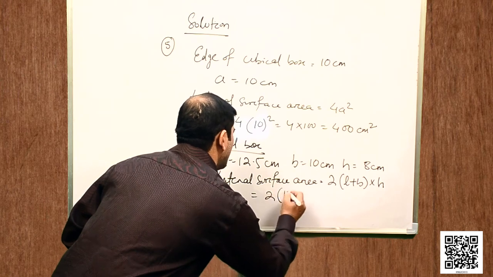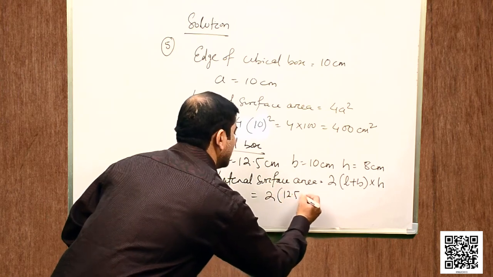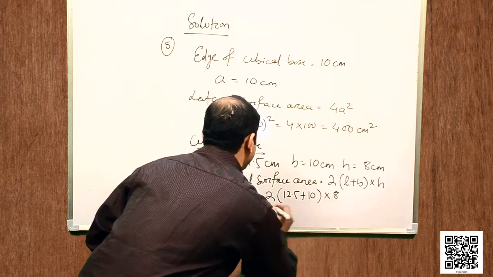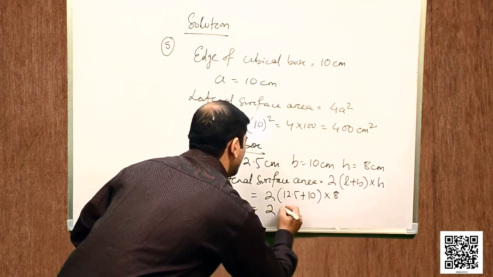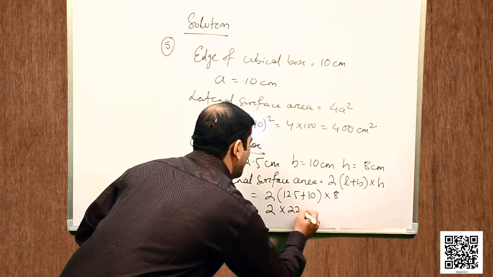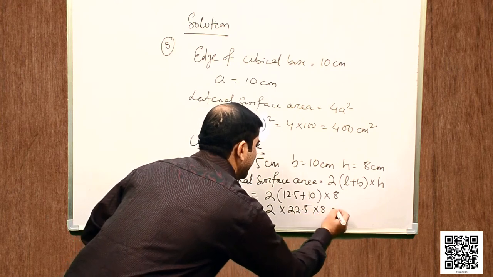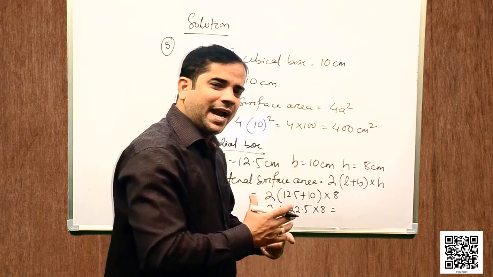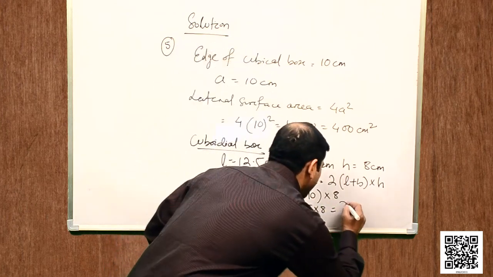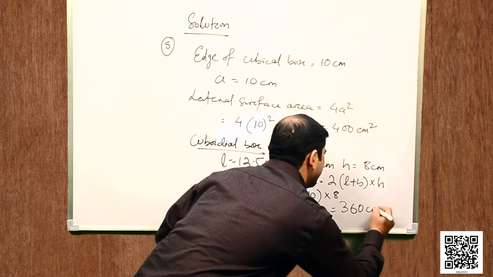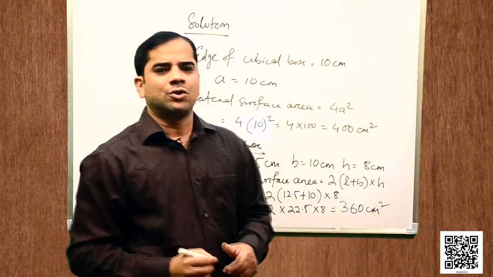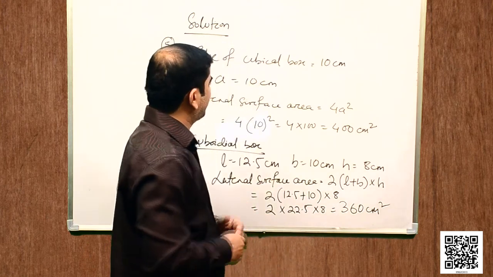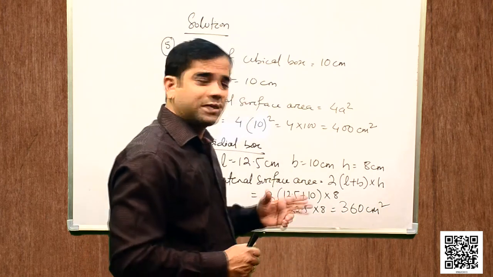So 2 into 12.5 plus 10 into 8. So it becomes 2 into 22.5 into 8. Fine. So when we calculate, we get 360 centimeter square.